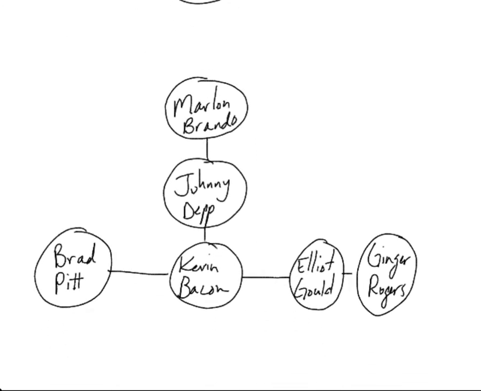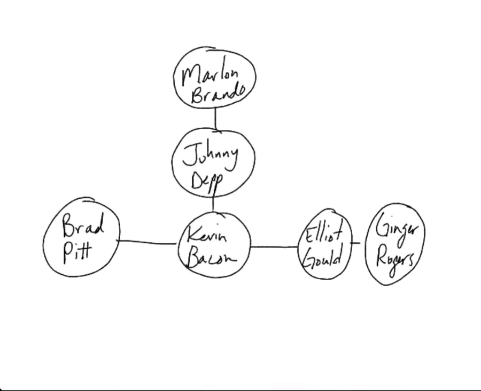And one last example, there's the game called The 6 Degrees of Kevin Bacon. So some people back in the 80s or 90s decided that Kevin Bacon was the center of the entertainment universe, and they wanted to know what kind of connections there were between all actors and Kevin Bacon. It's called The 6 Degrees of Kevin Bacon.